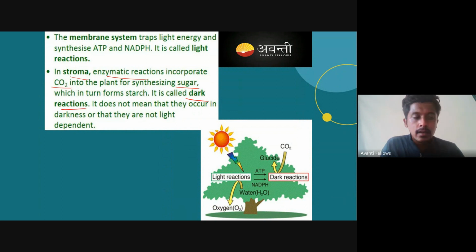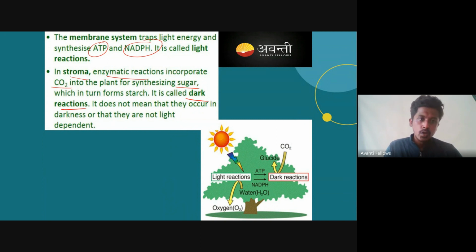Whereas within the stroma, we have thylakoids, and within the thylakoids, we have quantosomes, or chlorophyll pigments, which trap the light energy and synthesize two important byproducts, ATP and NADPH. So ATP and NADPH are produced as a result of light reactions, and in the stroma they have enzymes that manufacture this sugar, and this is called the dark reaction.